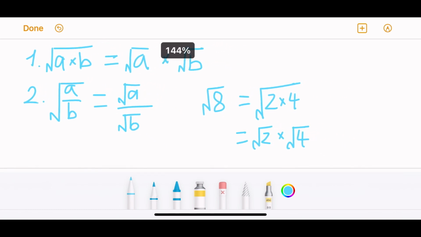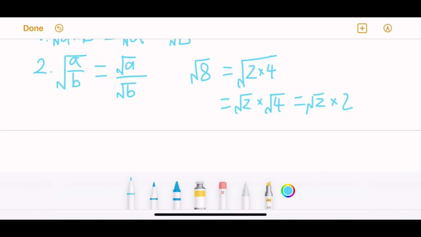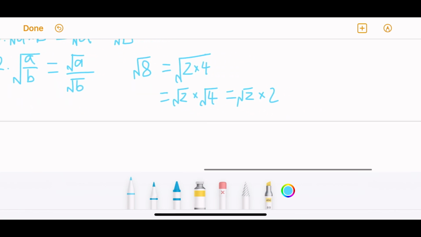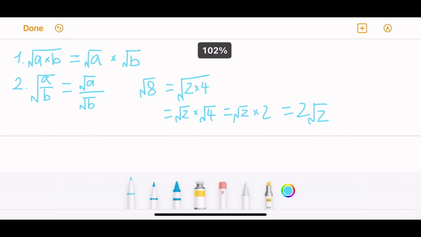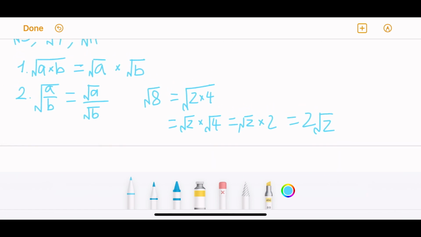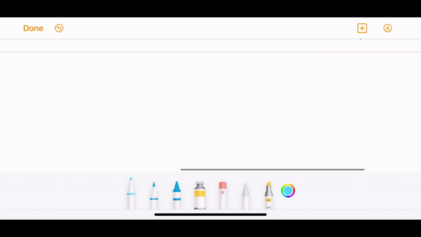And you will know that square root of 4 is 2, right? So square root of 2 multiplied by 2 would finally give me an answer of 2 square root of 2. So square root of 8 can be simplified to 2 square root of 2 by using the first rule. It's pretty similar with the second rule, just with division.